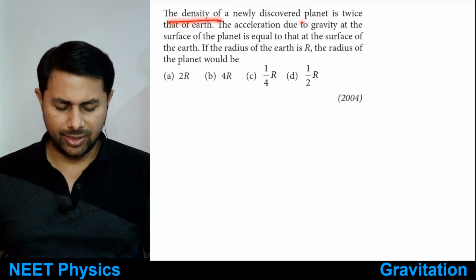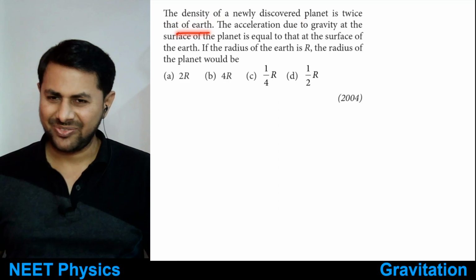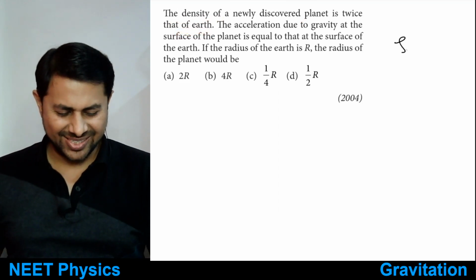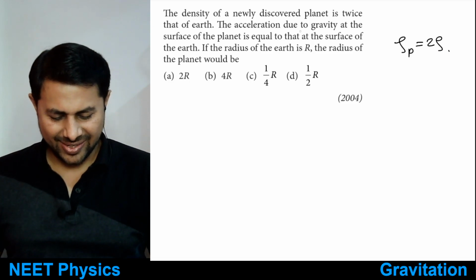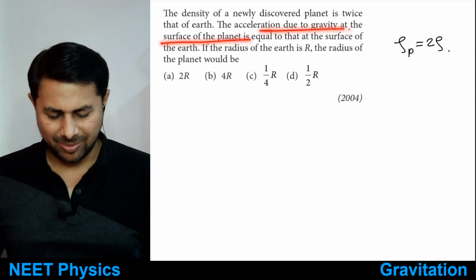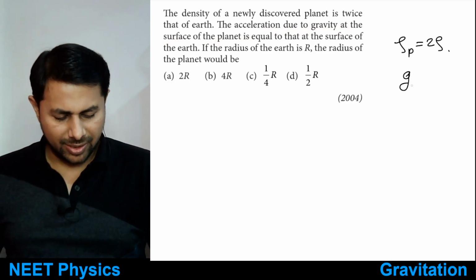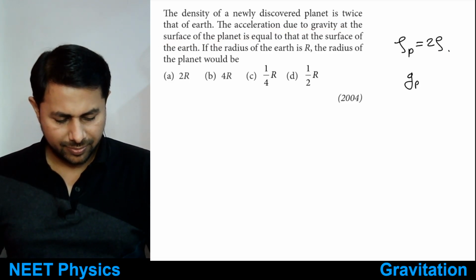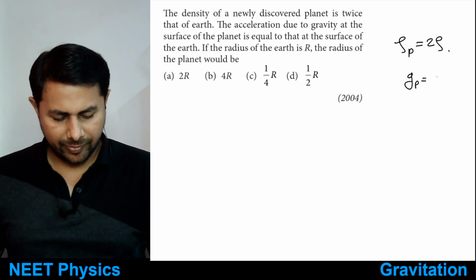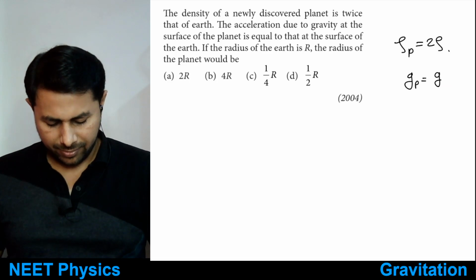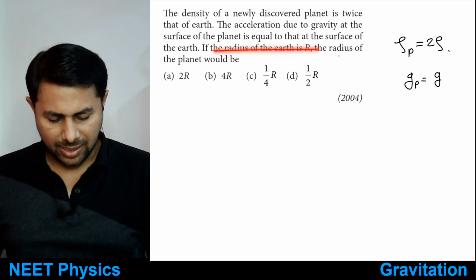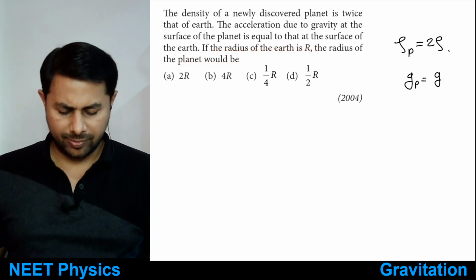The density of a newly discovered planet is twice that of Earth. The density of the planet is 2 times the density of Earth. The acceleration due to gravity at the surface of the planet is equal to that at the surface of Earth, so g p is equal to g. If the radius of Earth is r, the radius of the planet would be?